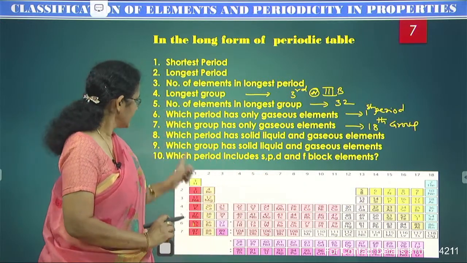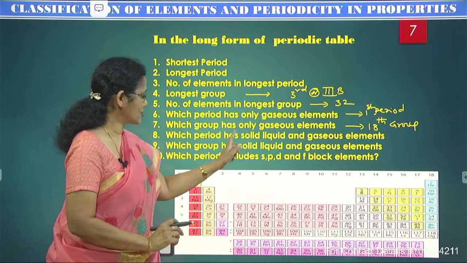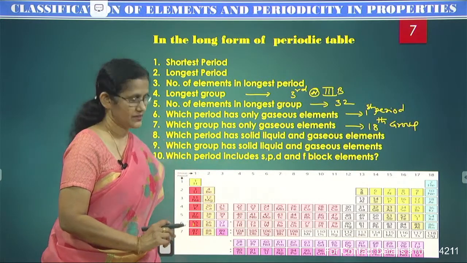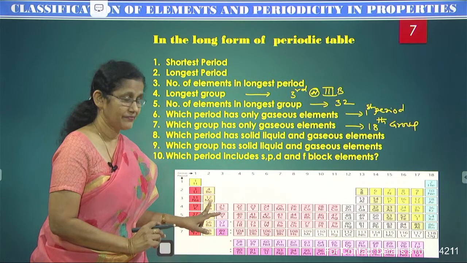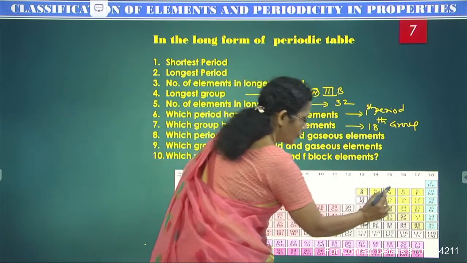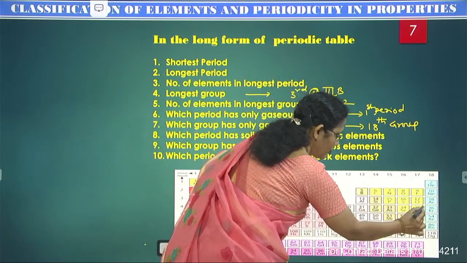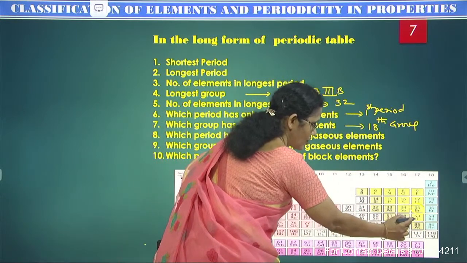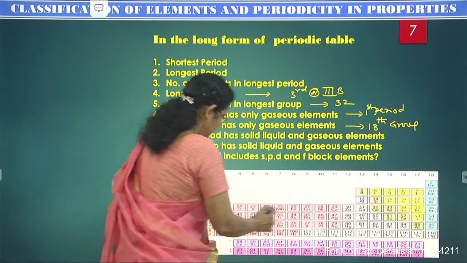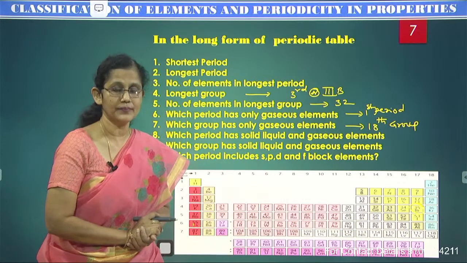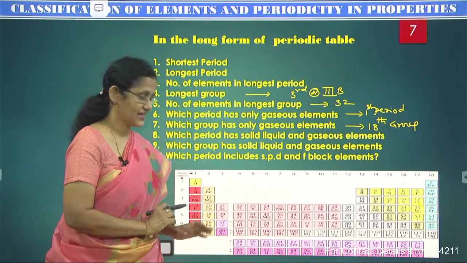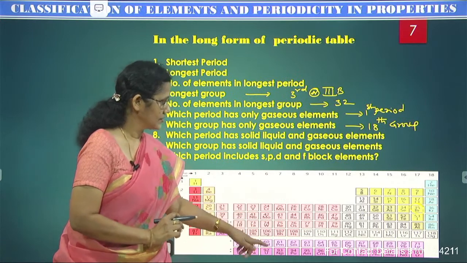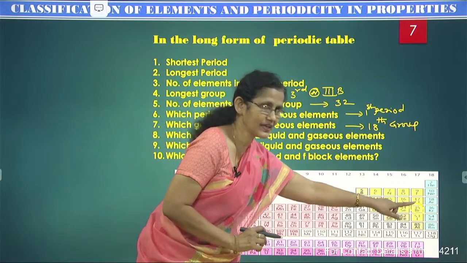So which period has solid, liquid and gaseous elements? See here, liquid where? Check once. Fluorine, chlorine, gases, bromine, liquid, right. So iodine, solid.